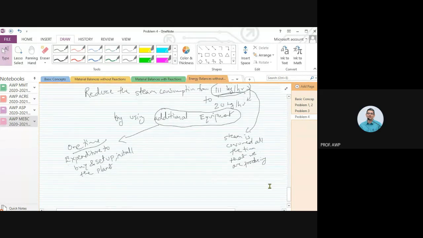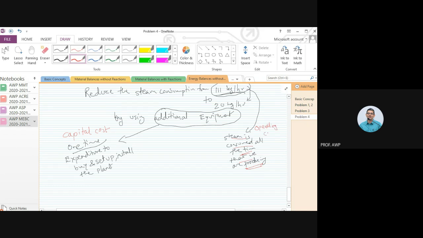This one-time expenditure to set up the plant is called capital cost. This steam that is consumed all the time that we are producing is called operating cost.